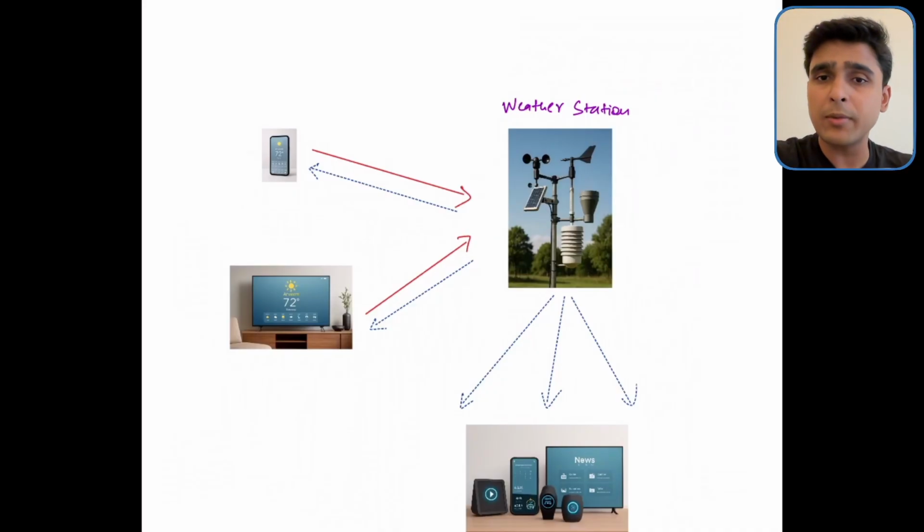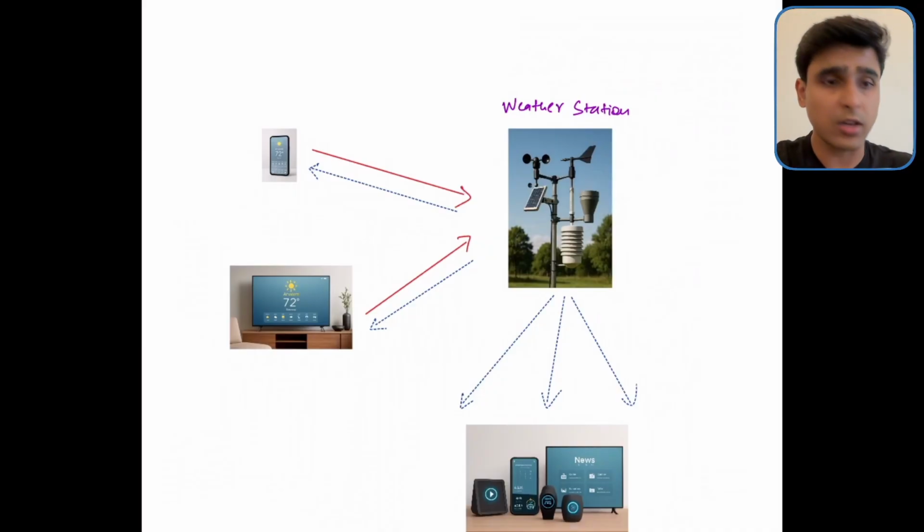The most optimal way is for the weather station to register the currently interested devices and send notifications only to those devices, and there should be a way to add devices or remove devices from the subscription. So you can add your subscribers and you can remove your existing subscribers. This is what the observer pattern provides.